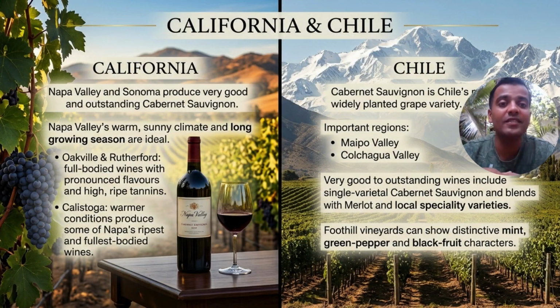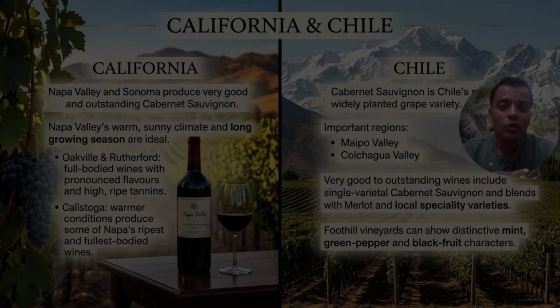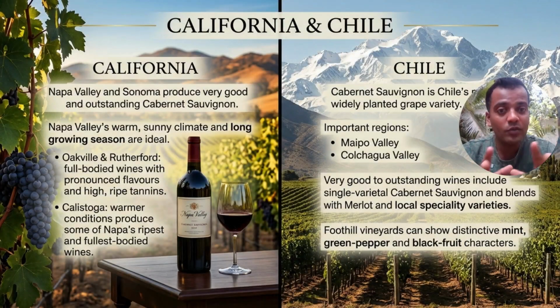Cabernet Sauvignon is Chile's most widely planted grape variety. So Cabernet Sauvignon is the most widely planted grape variety of Chile, and of course then we can expect to have a much wider range of styles of wines made from this grape variety. So the important regions for level 2 we need to know about are Maipo Valley and Colchagua Valley.